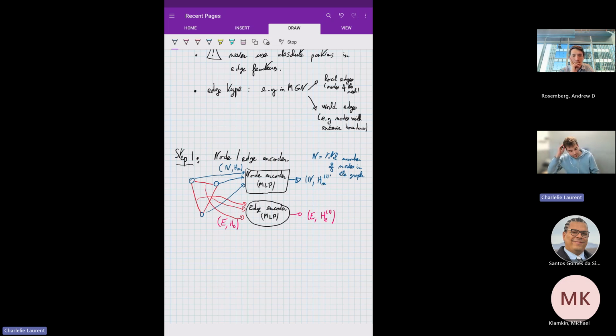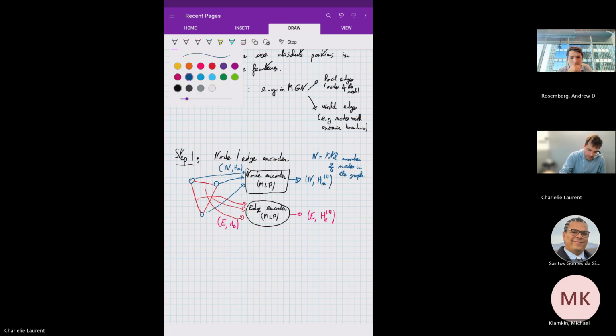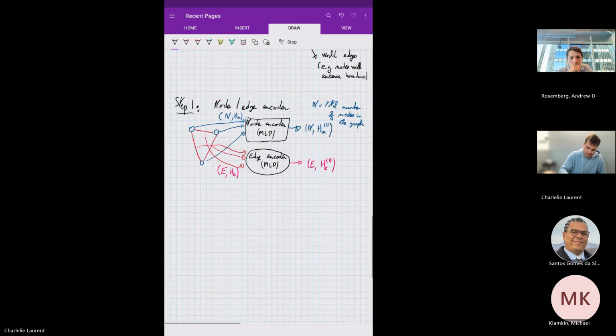Basically the nodes become batch elements for the node encoder, and the edges become batch elements for the edge encoder. Maybe I'll just move to the next step.